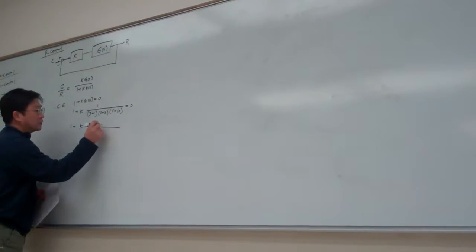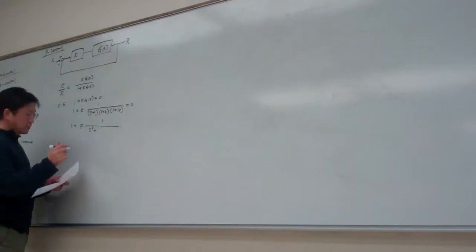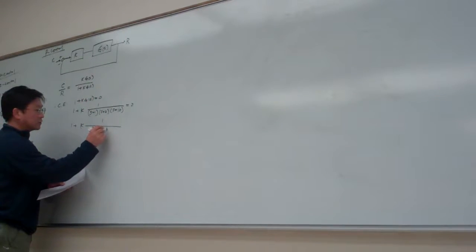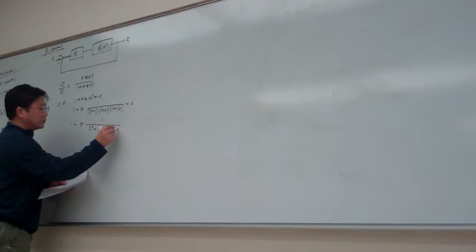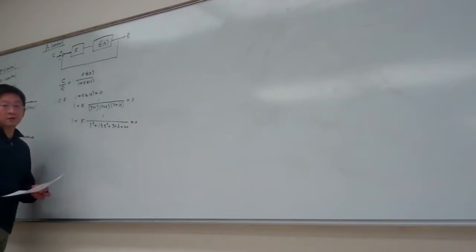Expanded, that will be equal to s cubed plus 13 s squared plus 32 s plus 20 equal to 0. Okay, we get this ready.